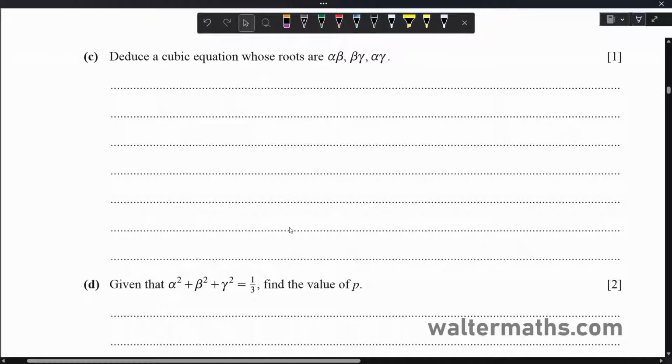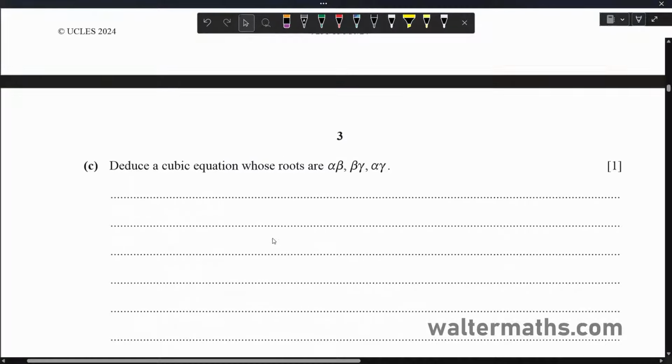On part C, they say deduce a cubic equation whose roots are alpha beta, beta gamma, and alpha gamma. So these are the roots of this new cubic equation.